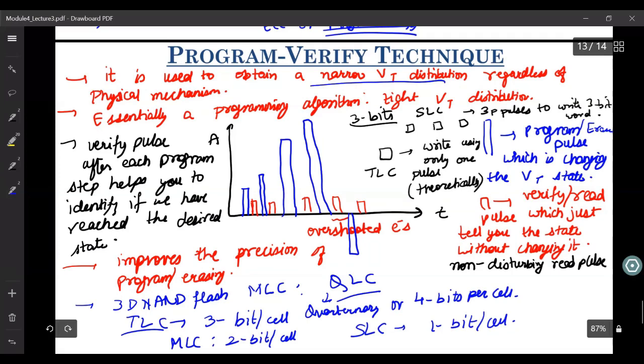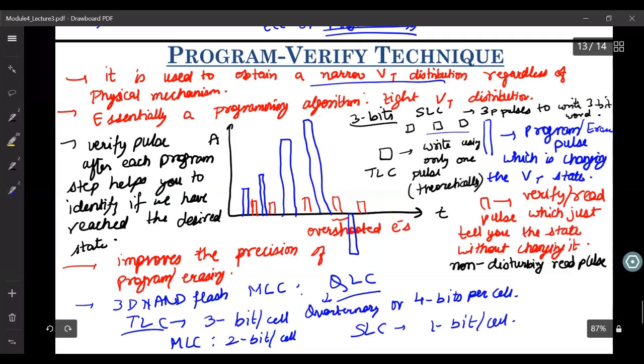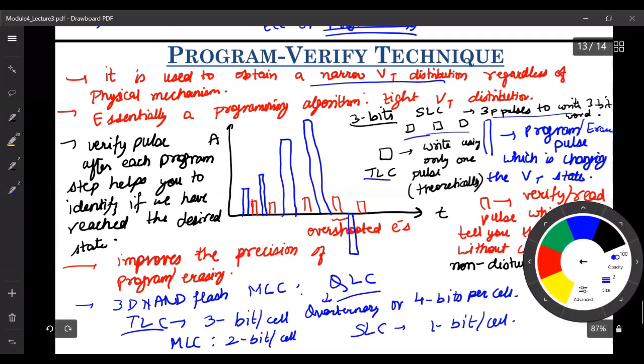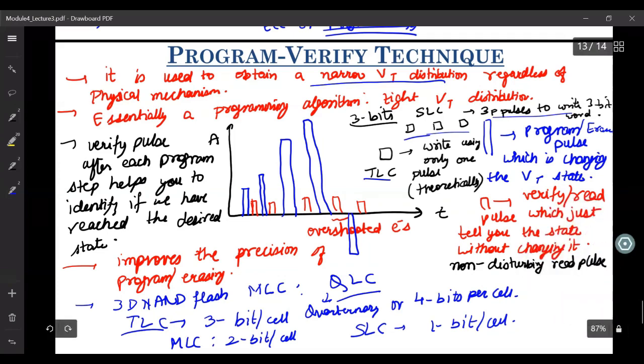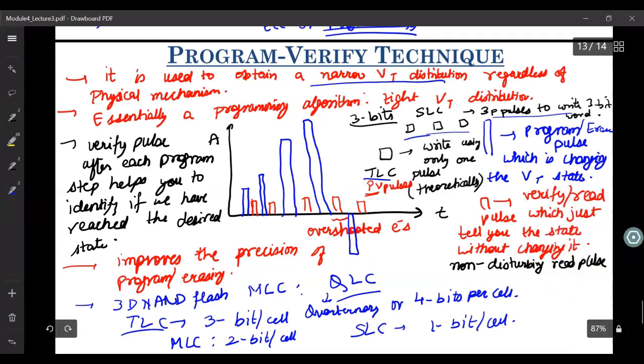So theoretically, you need 3 memory elements and you need 3 programming pulses to write a 3-bit word. However, with TLC, only with 1 pulse, you can write it theoretically. But since you want to have a lot of precision for achieving TLC, you'll do it with several program verify pulses. So at first hand, it may appear that your programming throughput has improved.